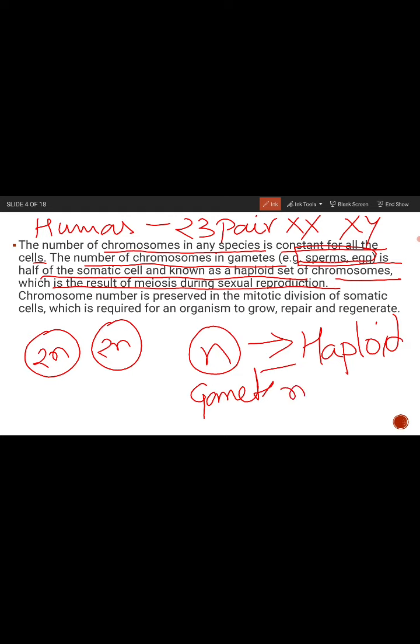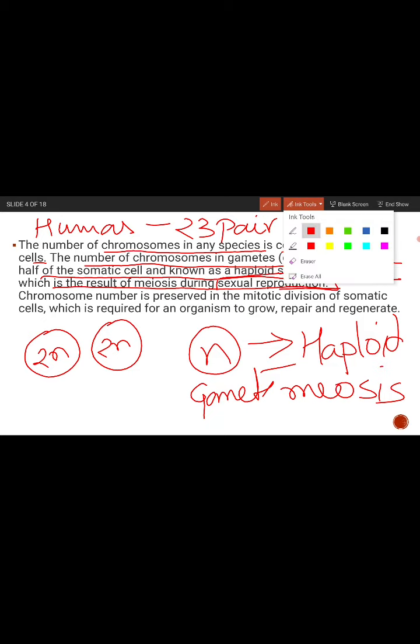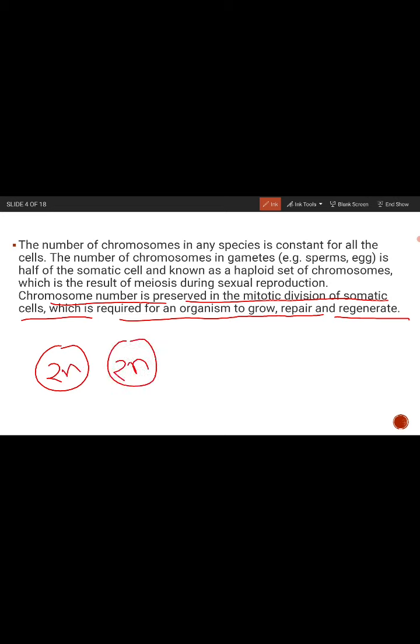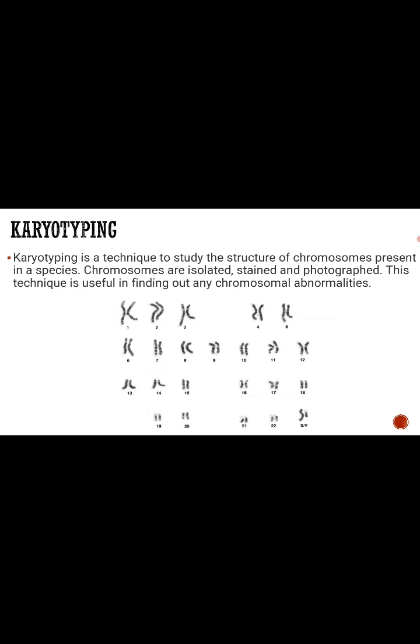This is due to meiosis, a kind of division, and it happens in sexual reproduction. Now the chromosome number is preserved in the mitotic division of somatic cells, which is required for any organism to grow, repair and regenerate. And every cell in our body has 2n chromosomes, that is 23 pairs. Every somatic cell in our body has this diploid number of chromosomes.